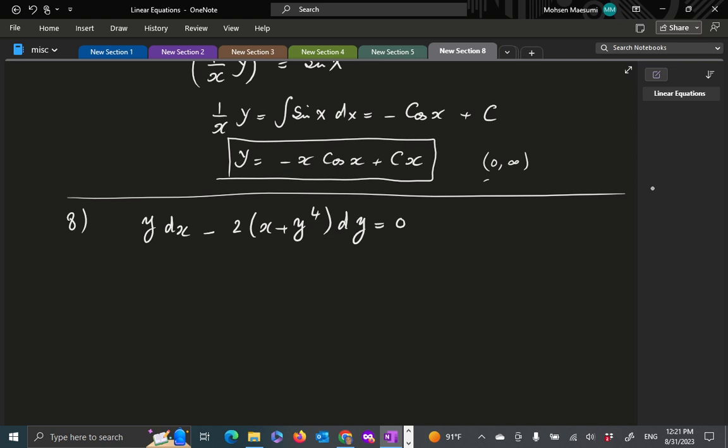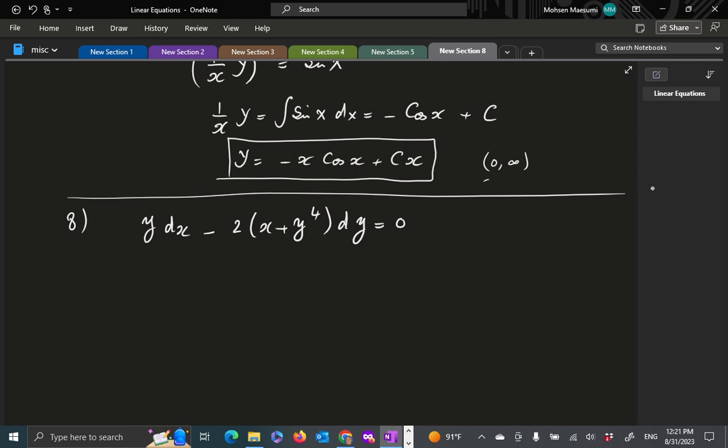Why did I include this? Sometimes, well, you have two variables here. One is x and one is y. You have a choice as to which one of them to be taken as your independent variable and which one as the dependent variable.